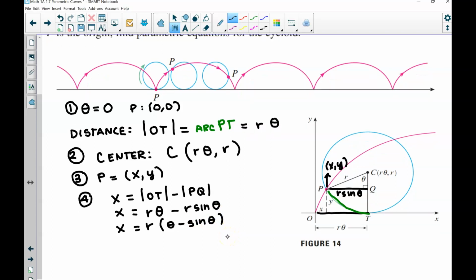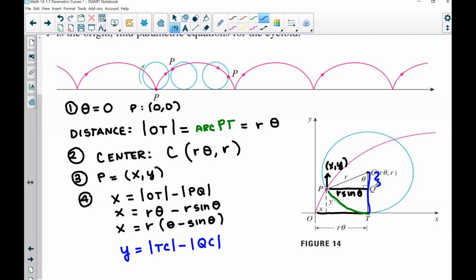Now let's take a look at Y. In order to solve for Y, we're going to use TC, the distance from T to C, and then subtract QC, which is this distance.